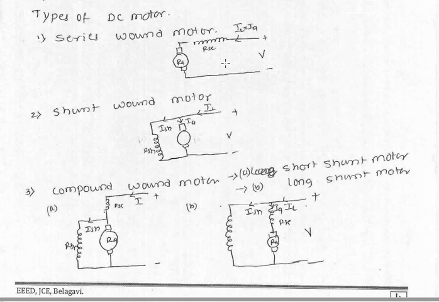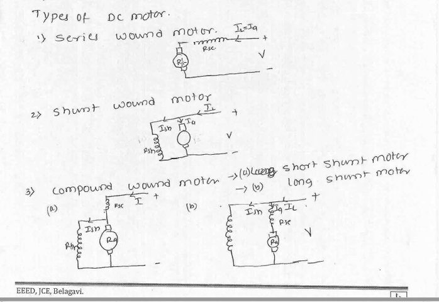The first one is the series wound motor. In case of a series wound motor, the field winding will be in series with the armature winding. So this is the representation of the armature winding, and we have the brush. RA is the representation of the resistance of the armature winding.